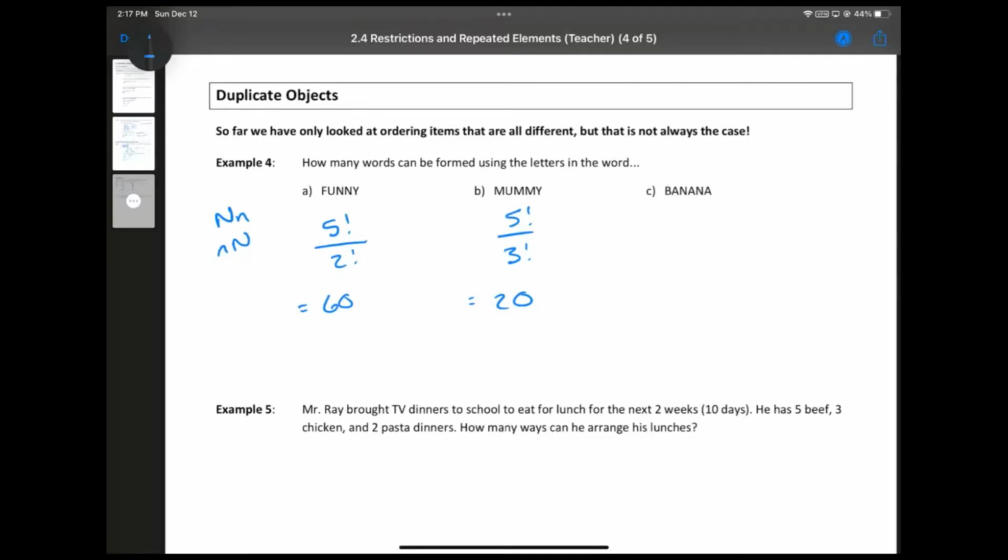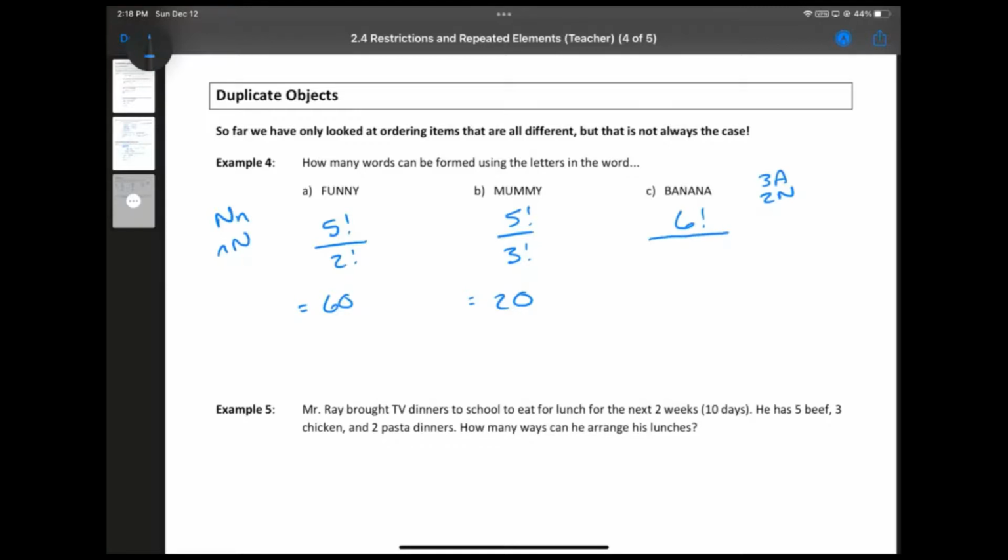This last one has a little more duplication in it. In fact, it has 1, 2, 3, 4, 5, 6 letters. So if they were all different, it would be 6 factorial. But it has 3 A's and 2 N's. The way we treat this is exactly the same as the first two, except there are now 2 repeated letters.